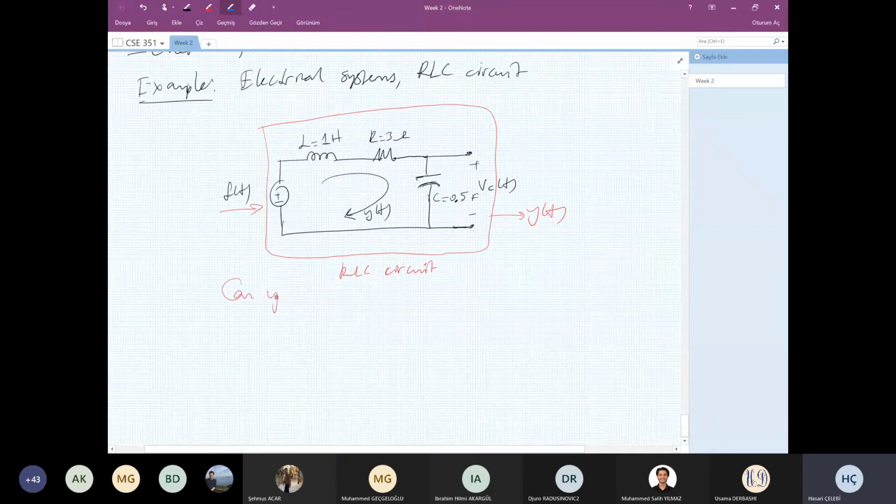So can you derive the system equation? How are we going to do that, guys? Any idea?